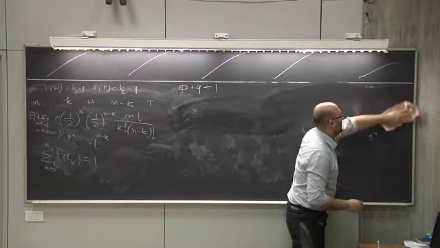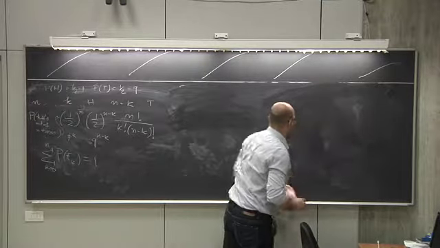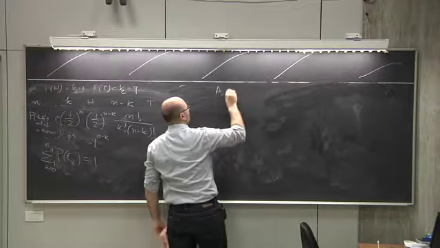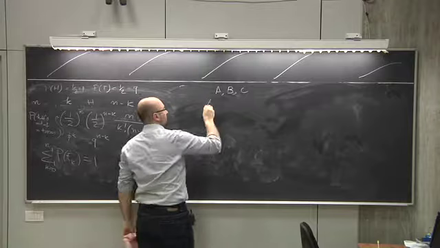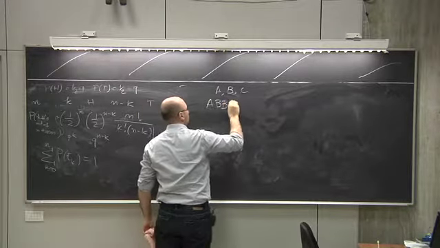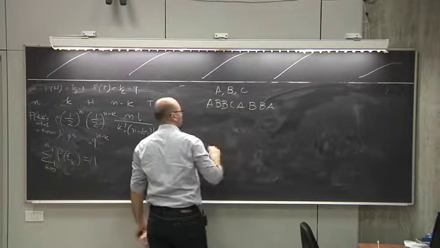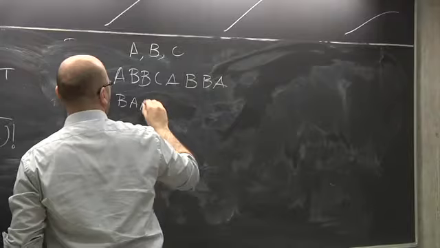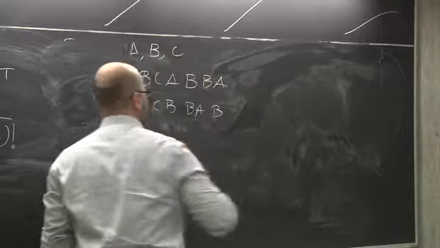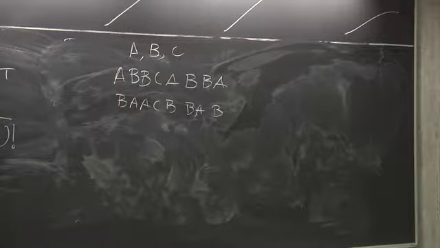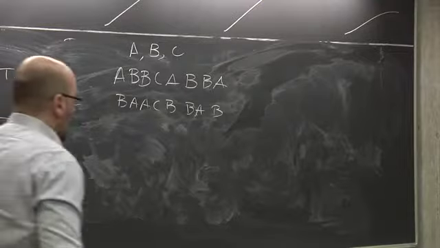Let's call them A, B, C. And I can make strings of A, B, C: A, B, B, C, A, B, B, A, or B, A, C, B, B, A, B, and so on and so forth. I make random strings of 3 letters.